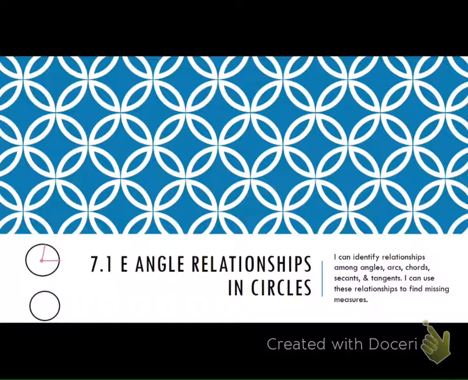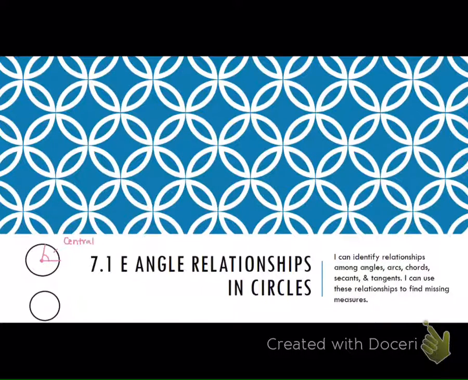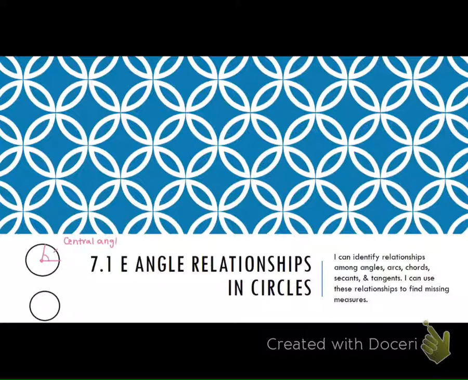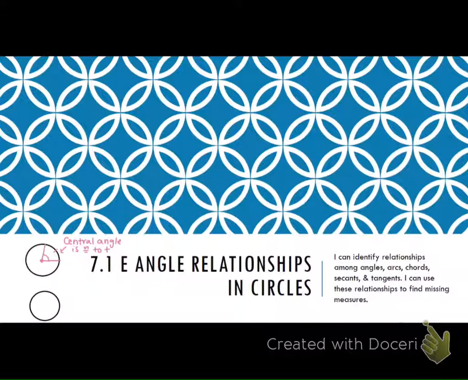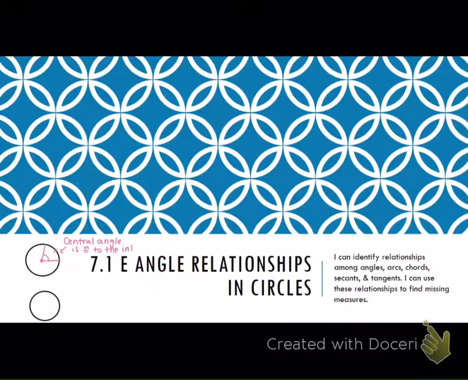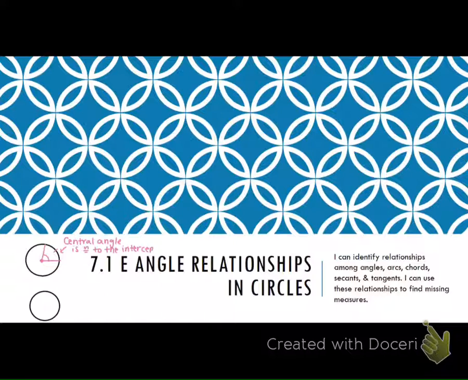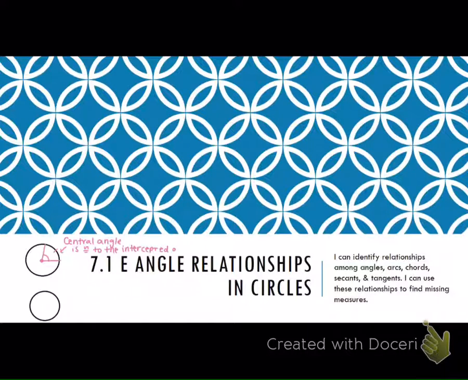So if it's the central angle, it is congruent to the intercepted arc. So don't forget, if you have a central angle, it's congruent to its intercepted arc. That's what we learned last week.